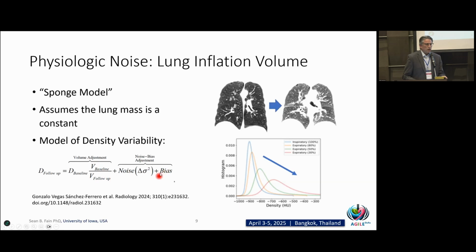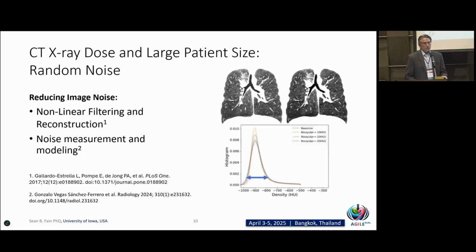And then the subsequent components I've been talking about in the previous slide, the noise contributes to variability as well as bias. And we'll talk about those in the next two slides. So the noise is a problem, but it's much more benign than the lung inflation. A consequence of noise is that this doesn't really change the mode that much, but it changes the standard deviation around the mode.